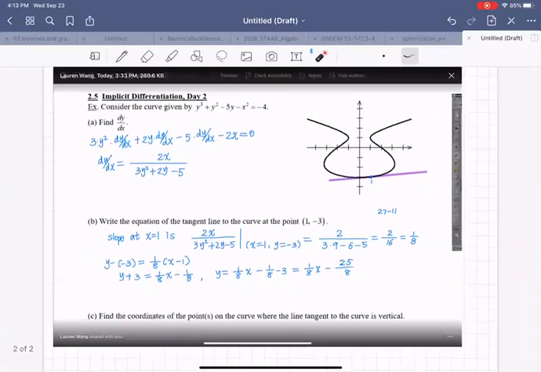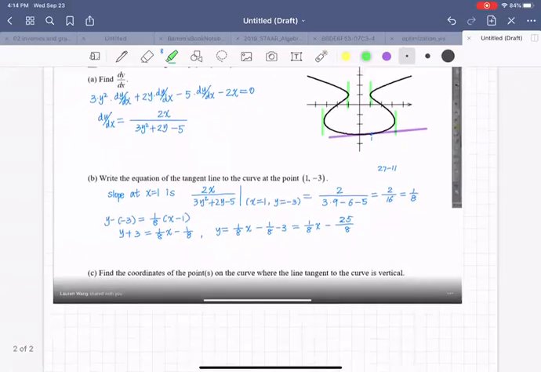Look at this: this slope is not vertical. This slope is not vertical. But at places like here or here, the tangent line might be vertical, right? So it's probably those locations. So let's find out those locations.